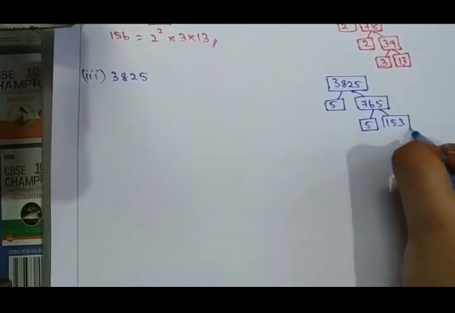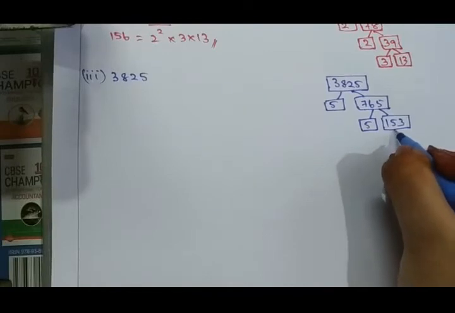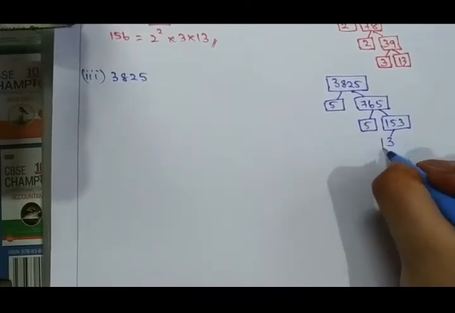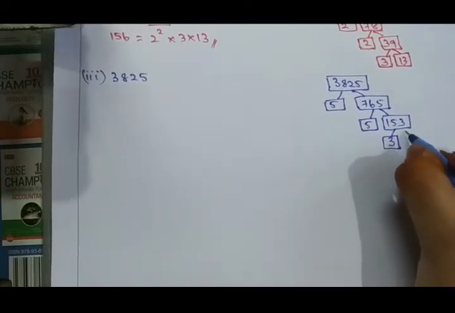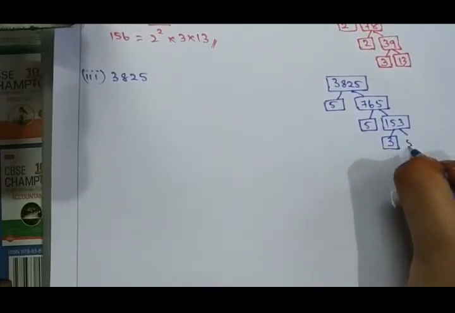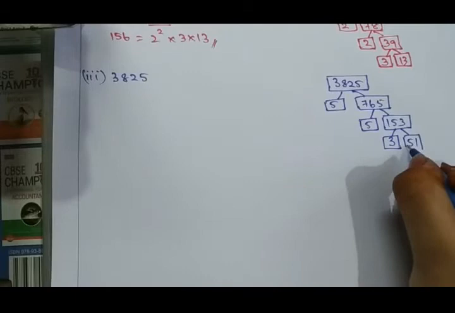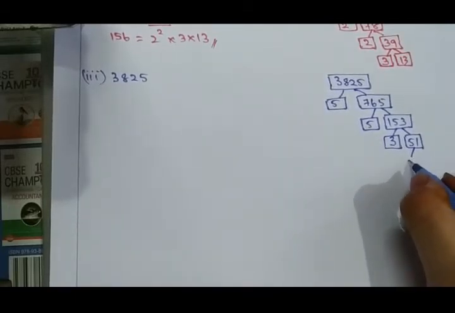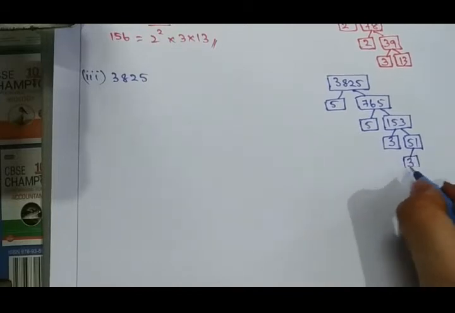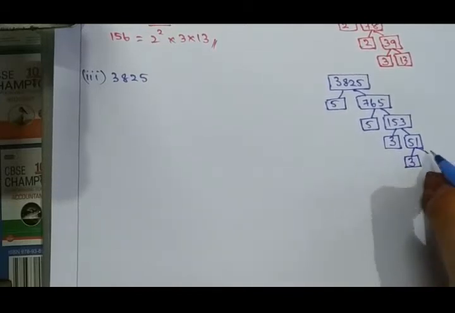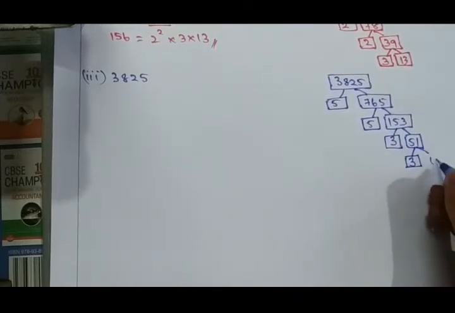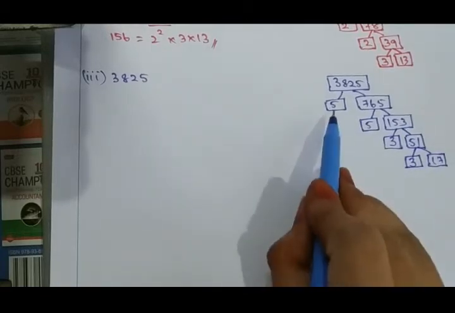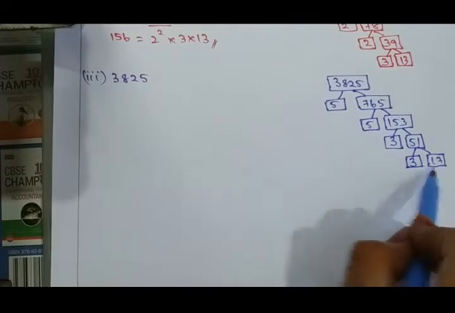And this 153 can be written as multiples of 3. So 3 into 51. And this 51 can be written as 3 into 17. Now we got it in terms of prime factors.